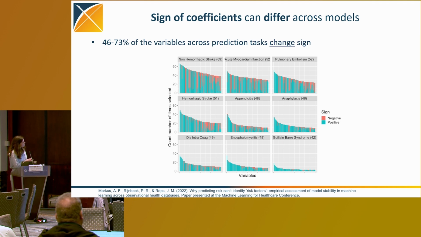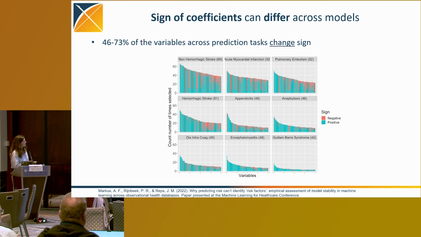To explain what you can see here in the graph, there's a count of how often each variable was included in one of the models. And every variable has a bar here. Every bar that has one color means that it is consistent across the models in terms of the sign.